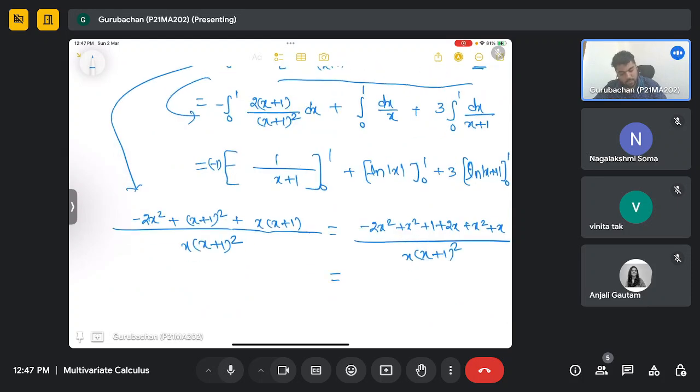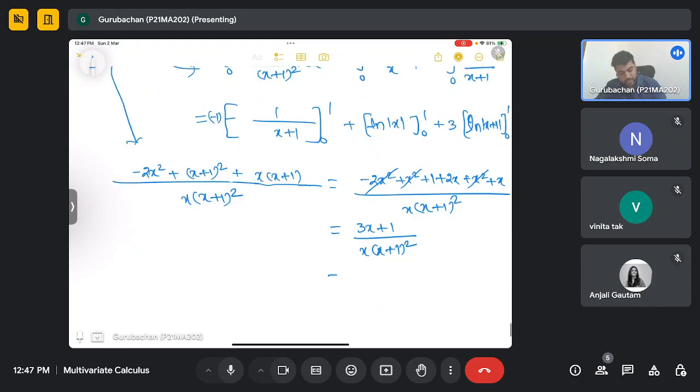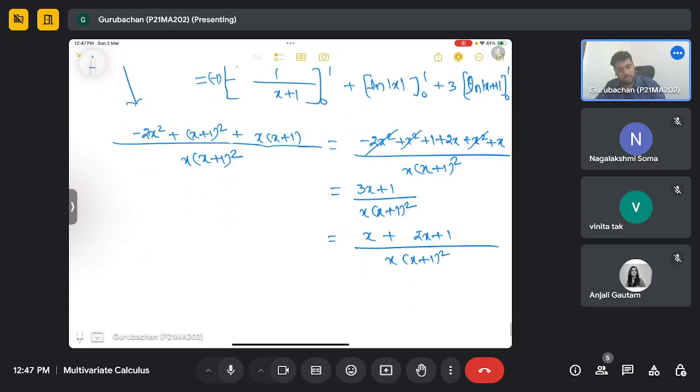So from here we will get x square, and this cancels out. This will be some 3x plus 1 type thing. So from here we can also solve in that way. You can rewrite it as x plus 2x plus 1 divided by (x plus 1) whole square.